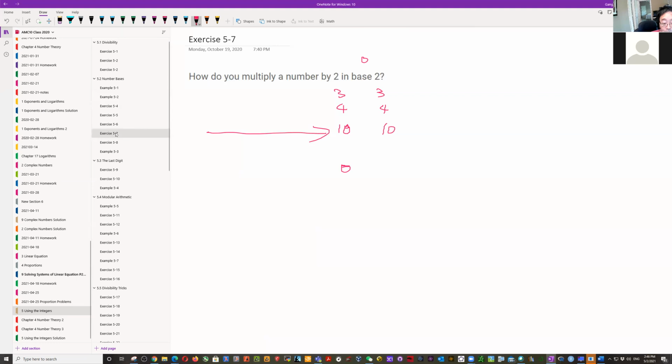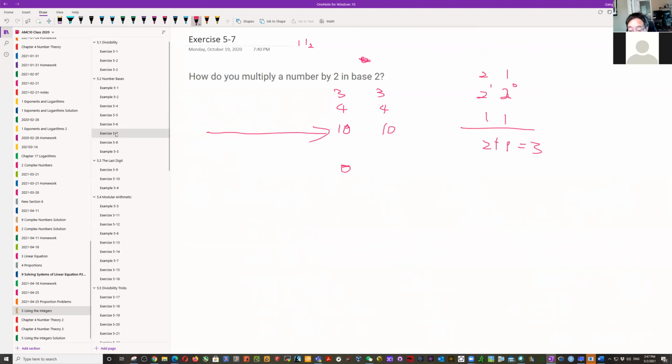For example, take the base 2 number 11. 11 in base 2 is 1 times 2 to the 0 plus 1 times 2 to the first, so basically this is 1 and 2. If you add them, it's going to be 1 plus 2 equal to 3. So 11 base 2 is actually equal to 3.